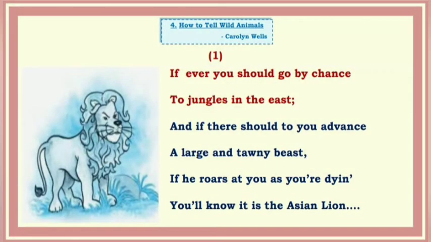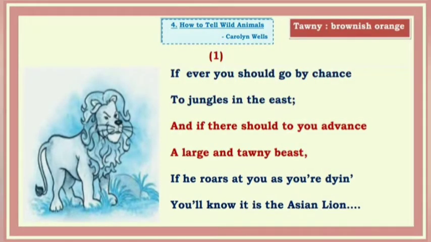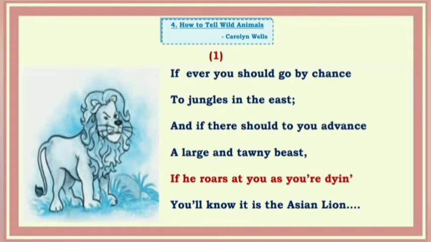She says, if ever you should go by chance to jungles in the east, अगर कभी by chance ईस्ट के जंगल में आप जाते हो, and if there should to you advance a large and tawny beast, और अगर एक ब्राउनिश ऑरेंज कलर का एक बड़ा सा बिस्ट यानी जानवर आपकी ओर आता है, if he roars at you as you are dying, और वो इतनी जोर से गुर्राता है कि आपको लगने लगे कि आप अब मरने वाले हो, you will know it is the Asian lion, तो आपको पता चल जाएगा कि ये एशियन लायन है.